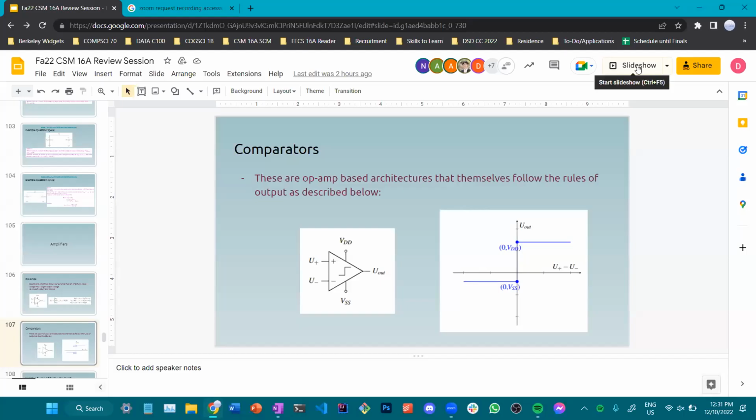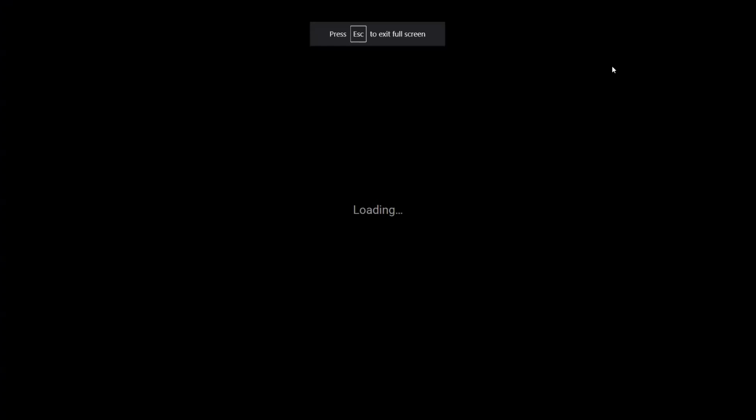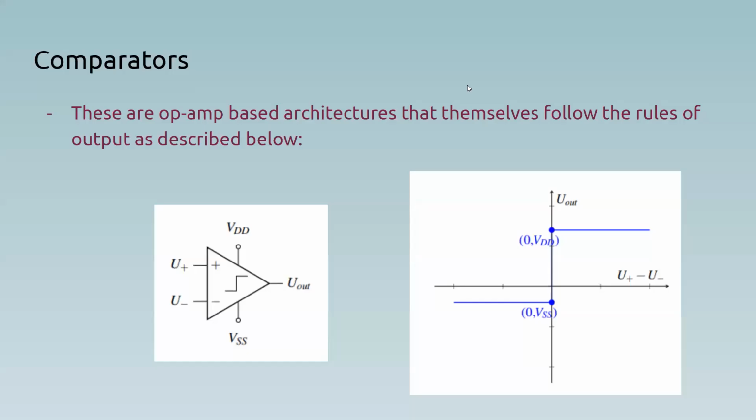Okay, so once again, this is called a comparator. It is an op-amp architecture.